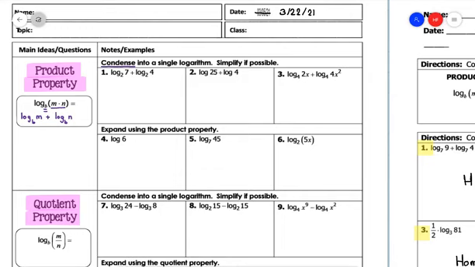On our examples, we've got to make sure that the bases are the same, and then we can condense them. So we've got log base 2 on both of them of 7 times 4, which we could condense even further and say that this would be the same thing as log base 2 of 28.